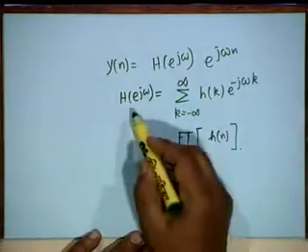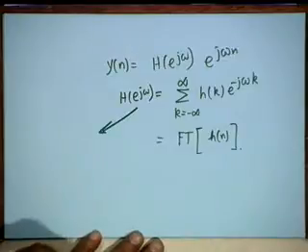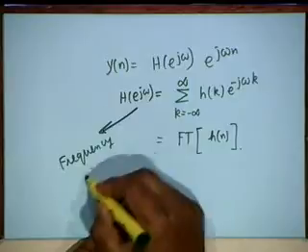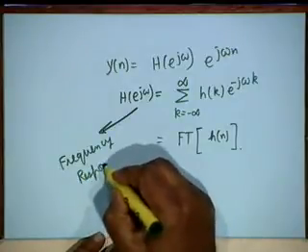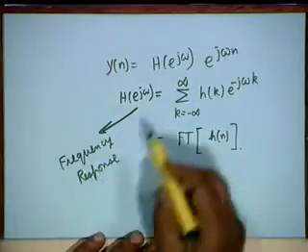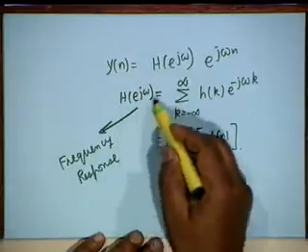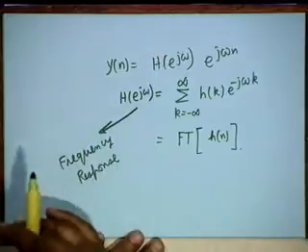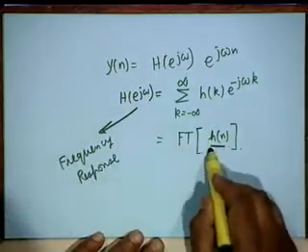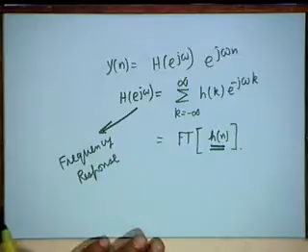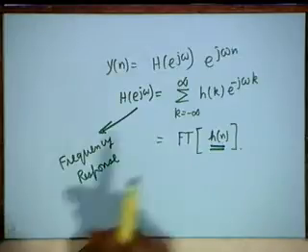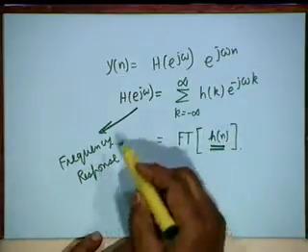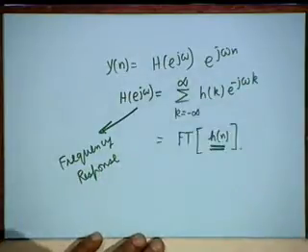And this quantity capital H of e to the j omega is known as the frequency response of the system. It is a characteristic of the system, just as h of n is the characteristic of the system. It is the same characterization transformed to the frequency domain. It is called frequency response because it involves omega.